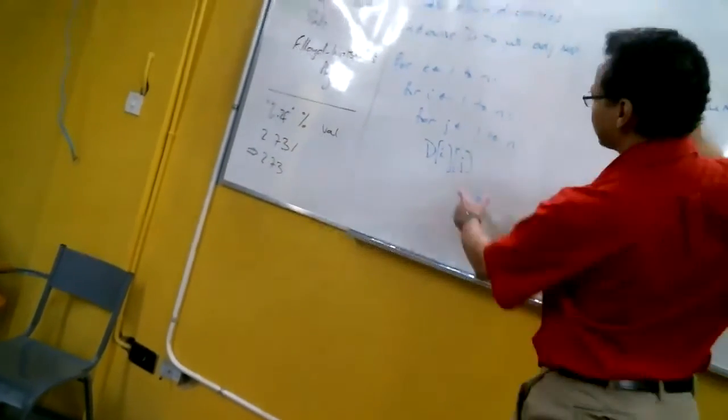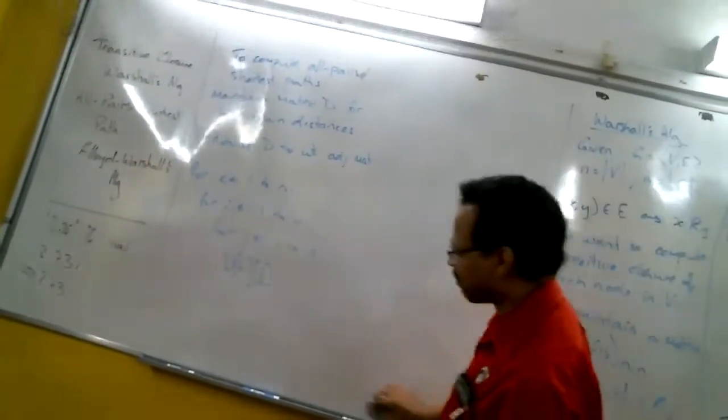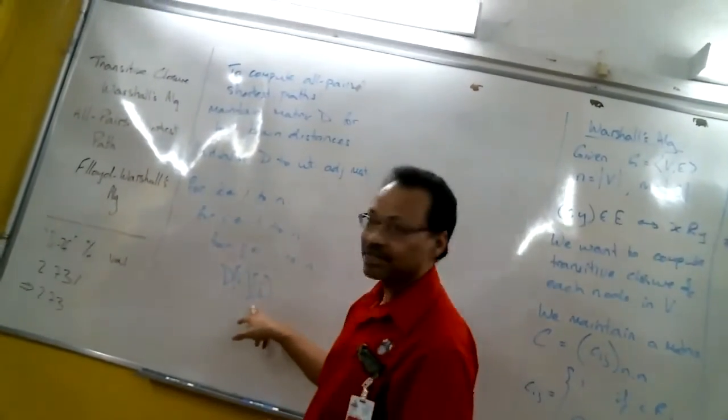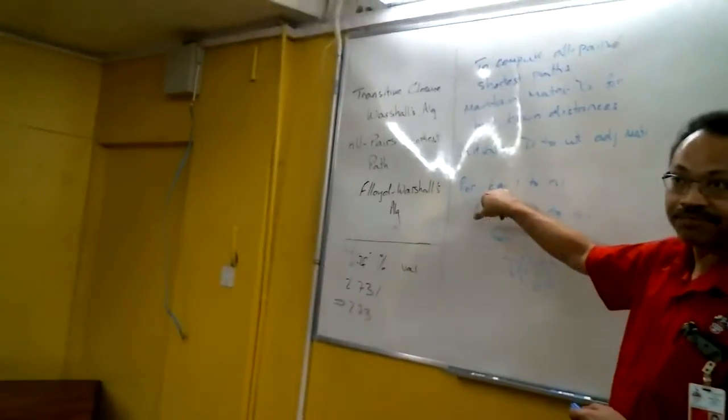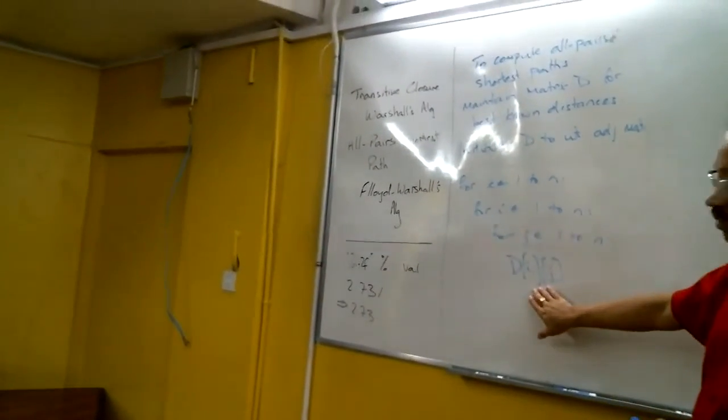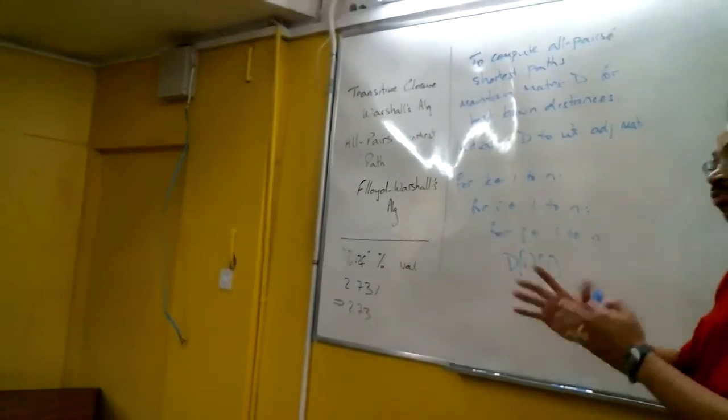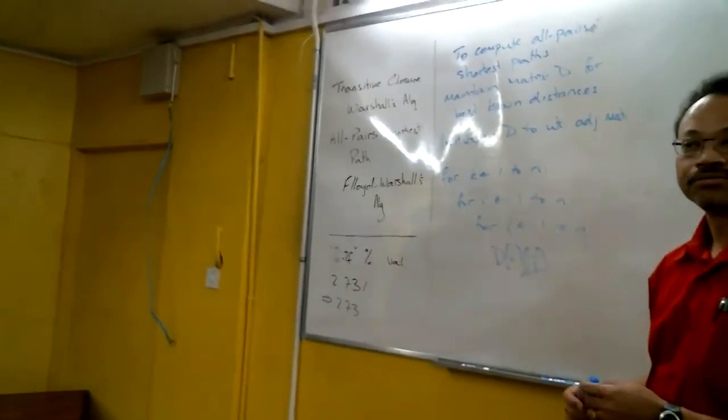Either the distance you have now is the shortest distance, or, and remember what this means, up until this point, it's the shortest distance you know going through no node numbered higher than k.